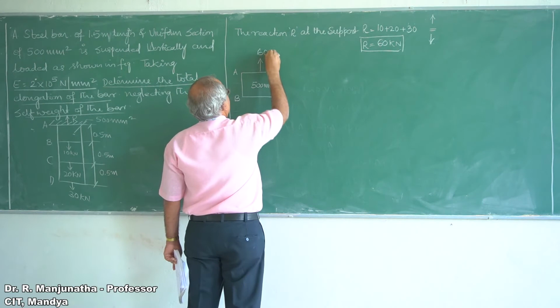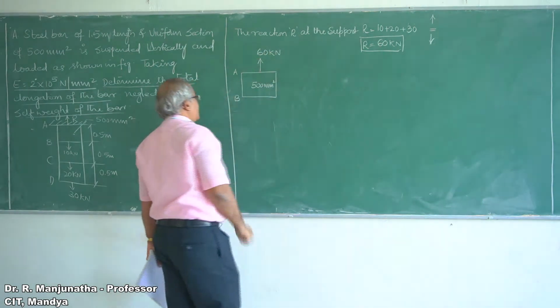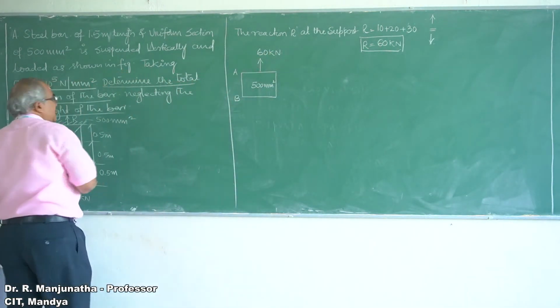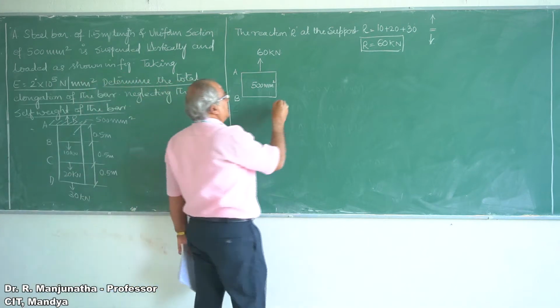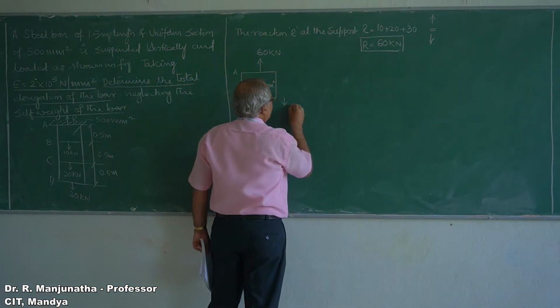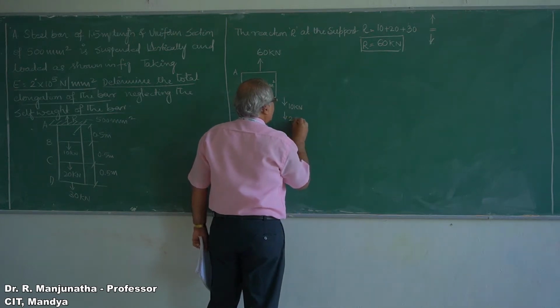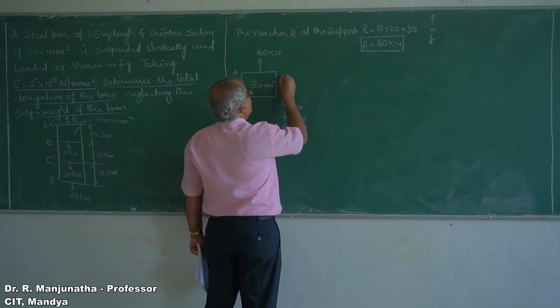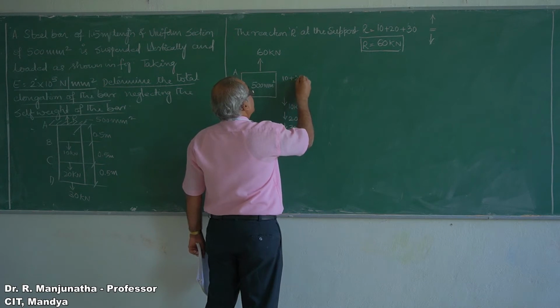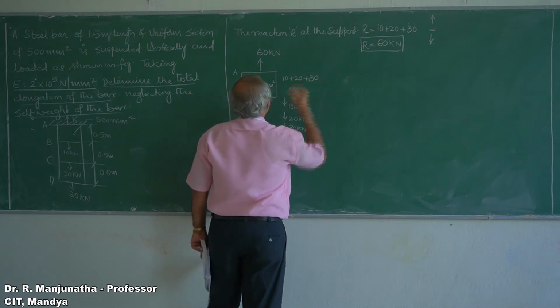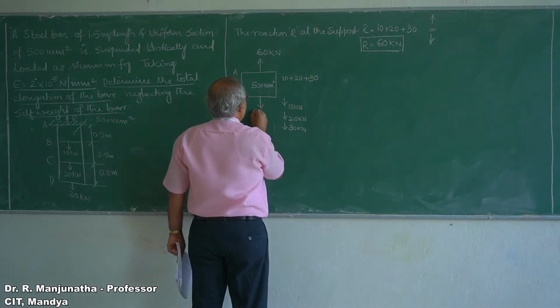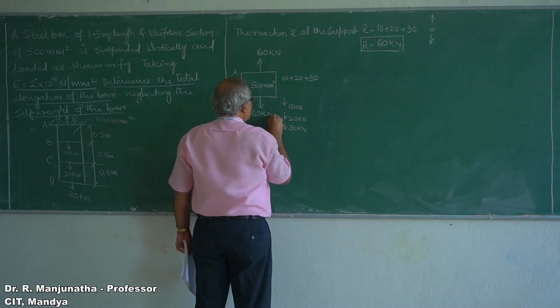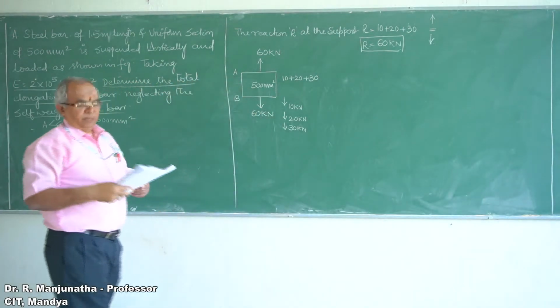Then we have 10 kilonewton acting downwards, again 20 kilonewton acting downwards, and then again 30 kilonewton acting downwards. Therefore, it will be equal to 10 plus 20 plus 30, which is 60 kilonewton, acting downwards. So now the body is in equilibrium condition.